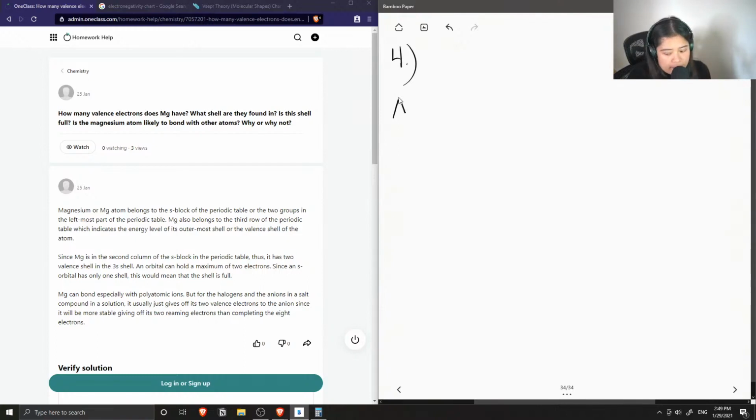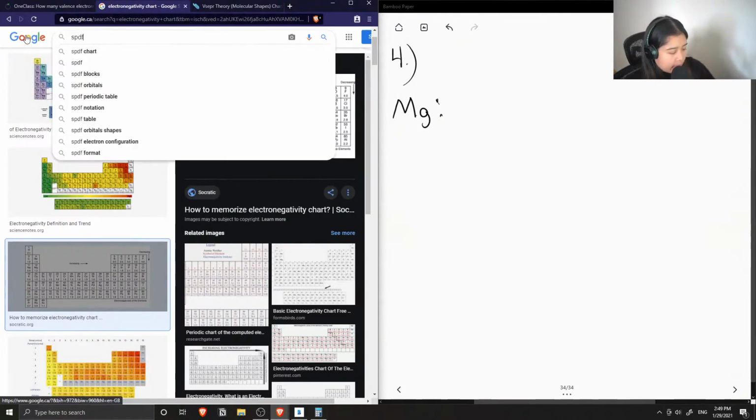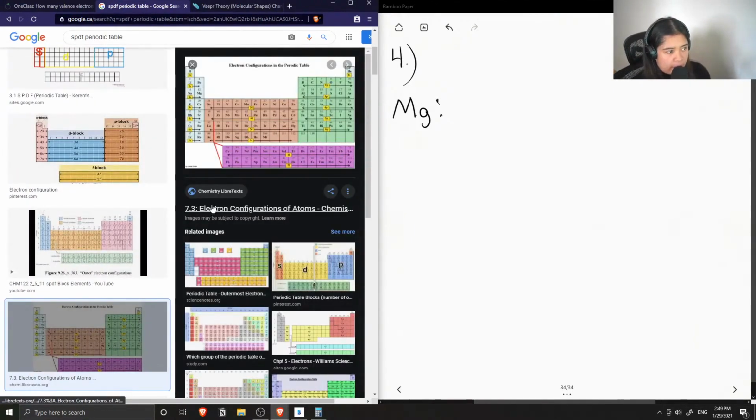Okay, so to answer this question, first let's draw the electron configuration for magnesium. The first step in writing electron configurations is to divide our periodic table into different sections.